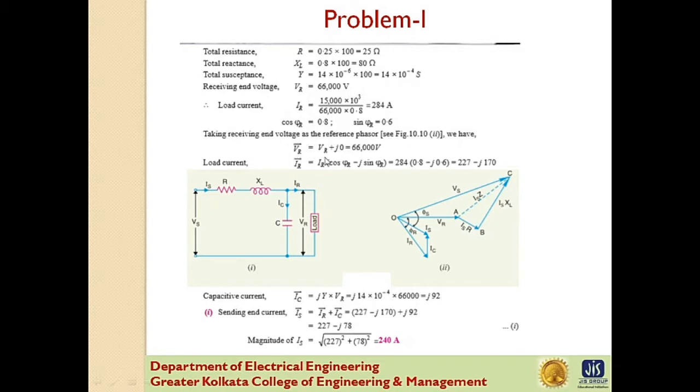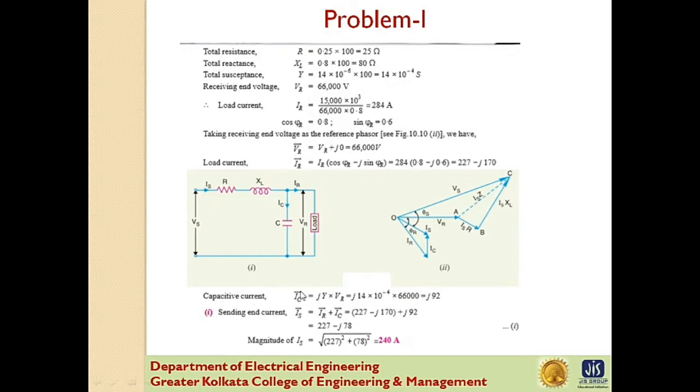Now VR is equal to VR plus J0, as we are taking VR as the reference axis. So VR is equal to 66,000 and vector IR equals IR into cos phi r minus J sin phi r, because the minus sign is for lagging power factor. So we put the value of IR, cos phi r and sin phi r. When we calculate, vector IR is equal to 227 minus J170.